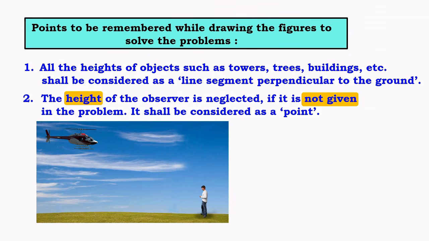So, while drawing the figure, just represent the observer by a point. Remember these 2 simple rules carefully. Object's height implies perpendicular to the ground. Observer's height not given implies consider the observer as a point. Following these rules will help us draw the correct figure and solve heights and distances problems much more easily.